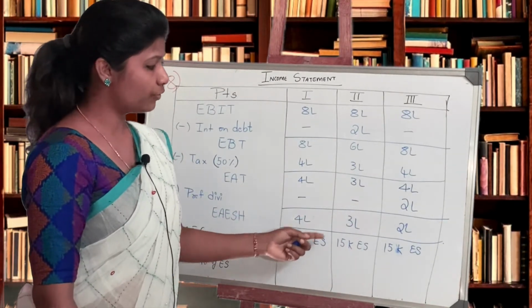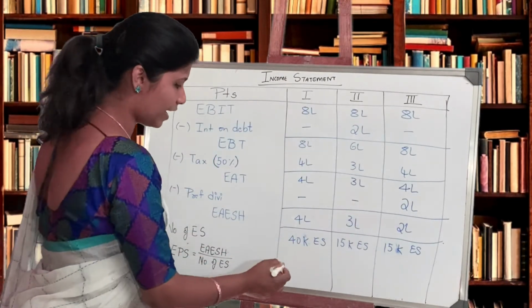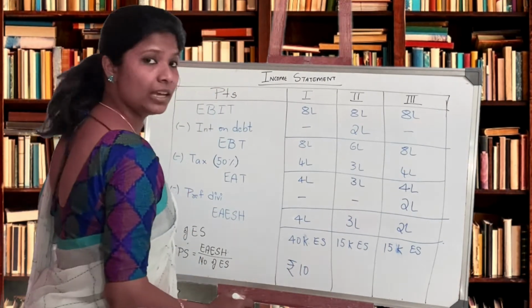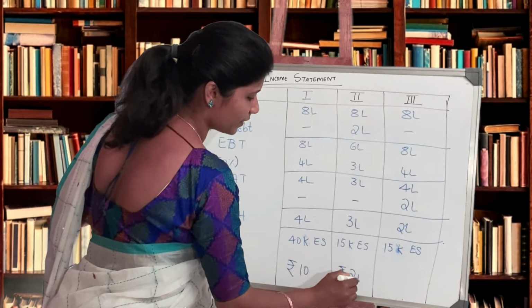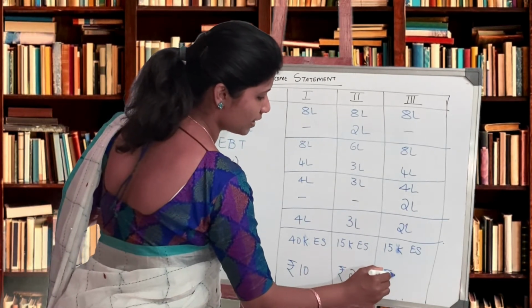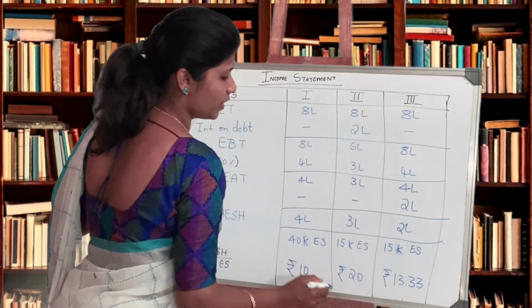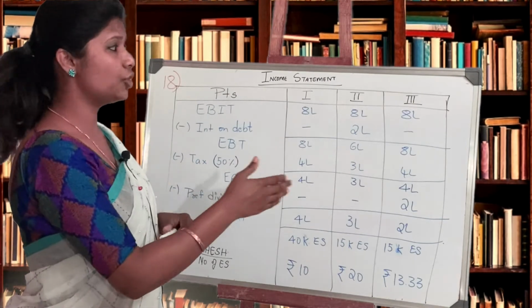So basically we are going to divide these respective values. Once we divide, we get rupees 10, second plan rupees 20, and third plan rupees 13.33. So these are the earnings per share under each of these plans.